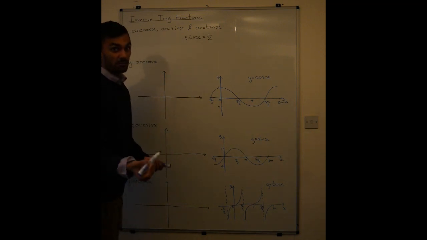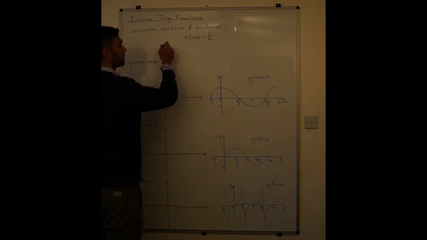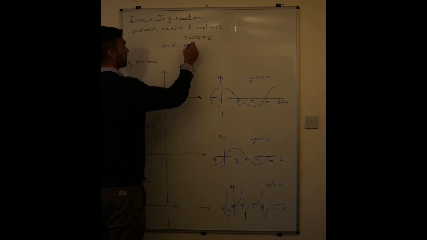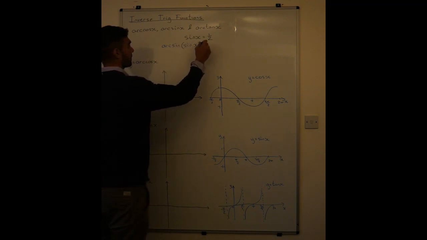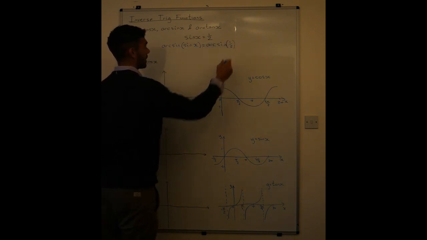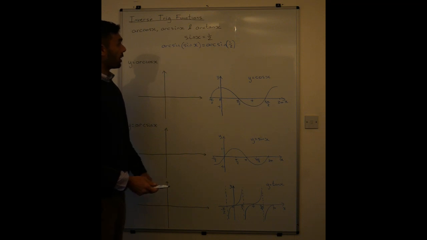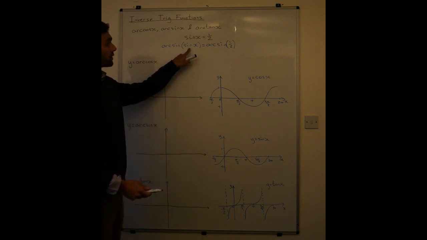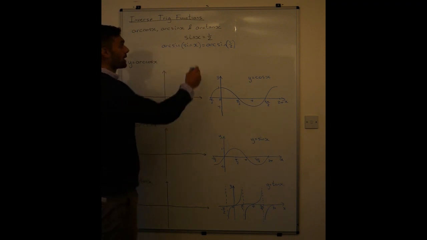And the inverse is arcsin. There we go. I've applied arcsin to both sides. Now arcsin and sine are inverses of each other, so they just cancel out. And we get x here.